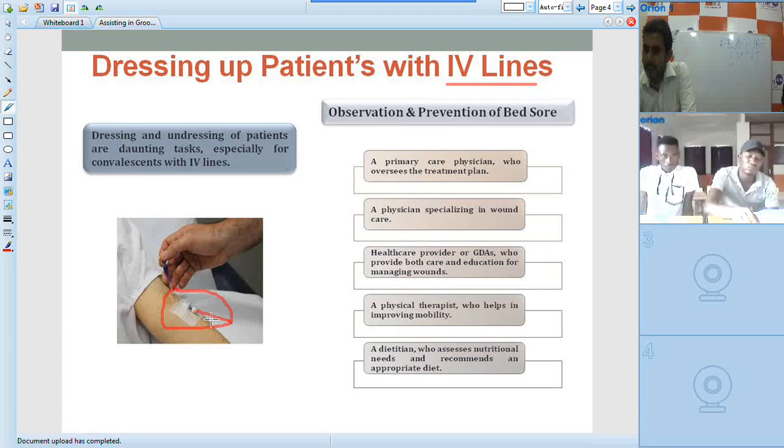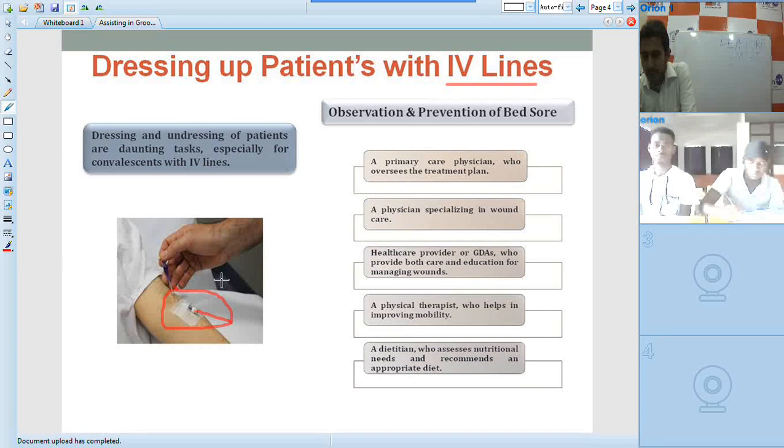So while dressing such patients, you have to be very careful because it might damage the veins or the area of the patient where the IV line has been inserted.